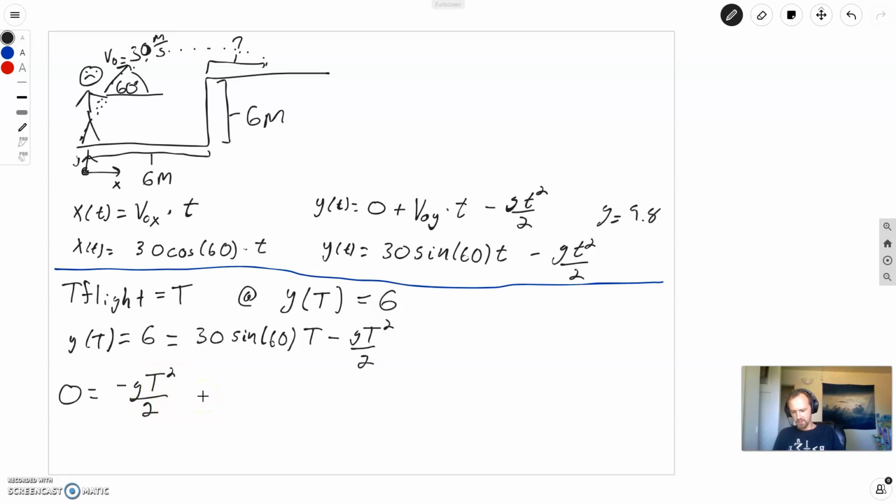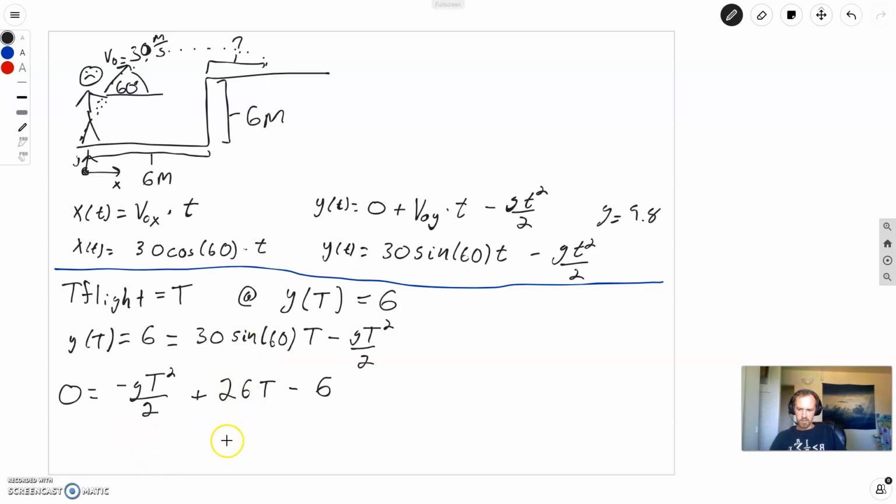And then let's just evaluate that. 30 times the sine of 60, I think that's 26. Plus 26t, minus 6. So just reorganizing this equation so everything's on one side. 26t is the velocity term.